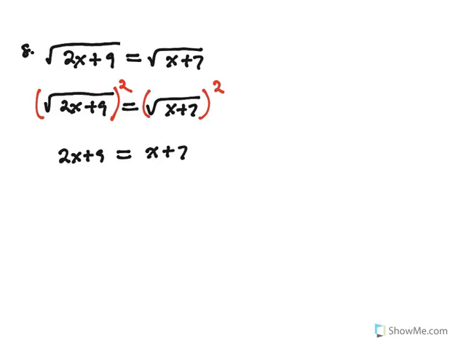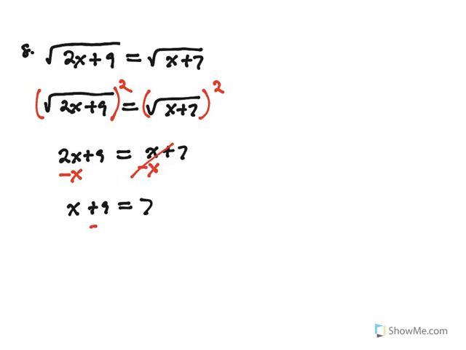And now we just need to get all the x's on one side and all the numbers on the other side. So I'm just going to go ahead and get the variable on the left side by subtracting x first. And that way you have 2x minus x is just x plus 9 equals 7. Okay? So that cancels.